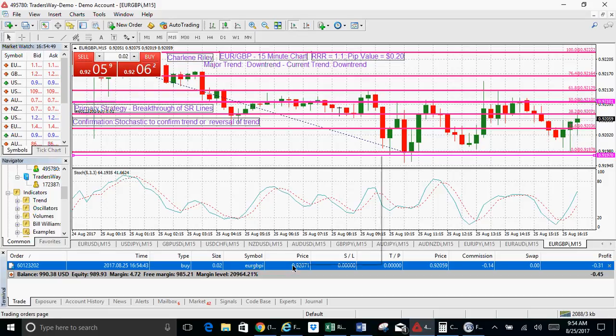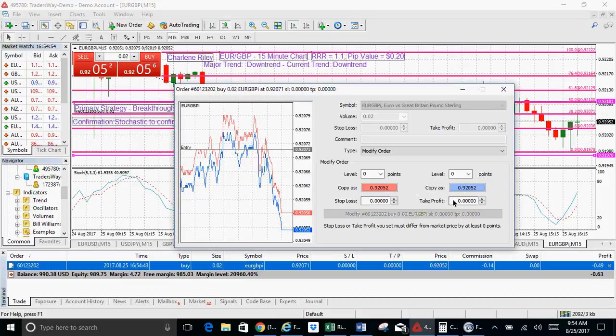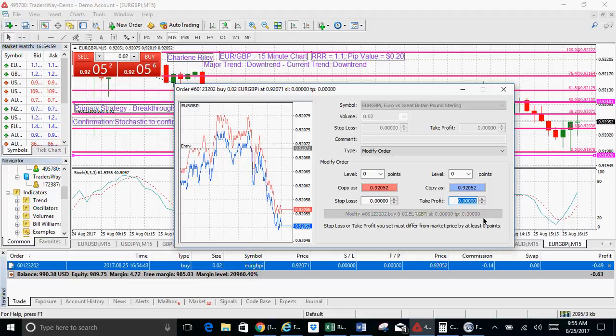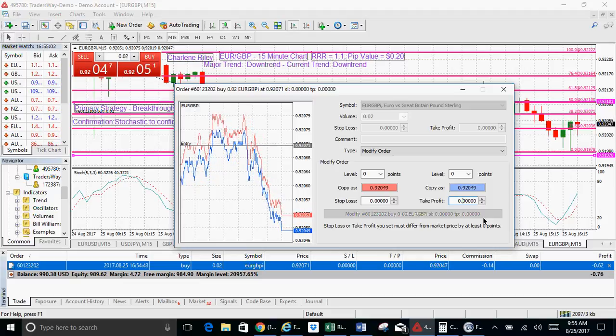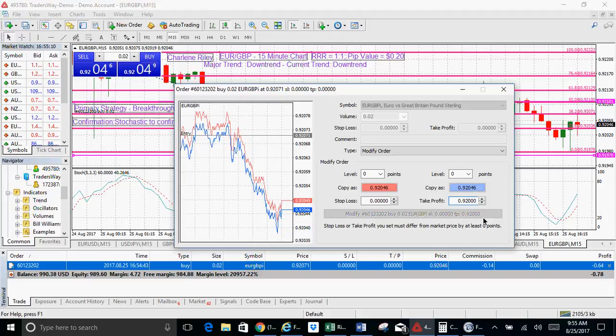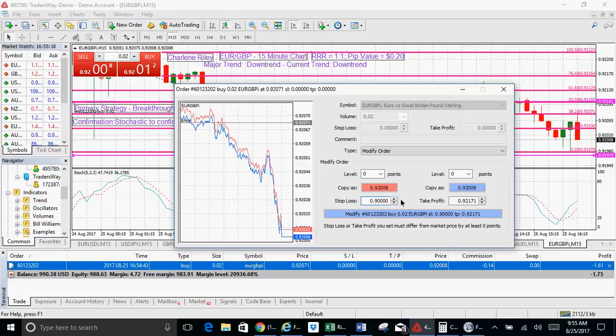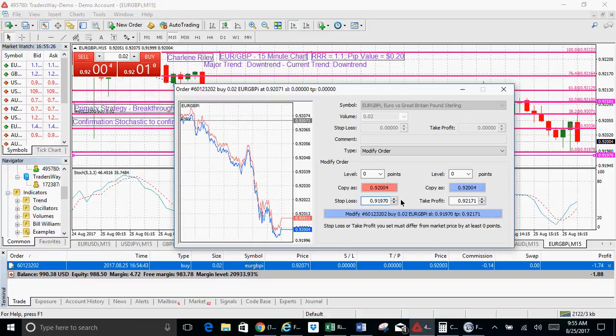And I'm going to set my take profit at, and set my stop loss at 0.99197.